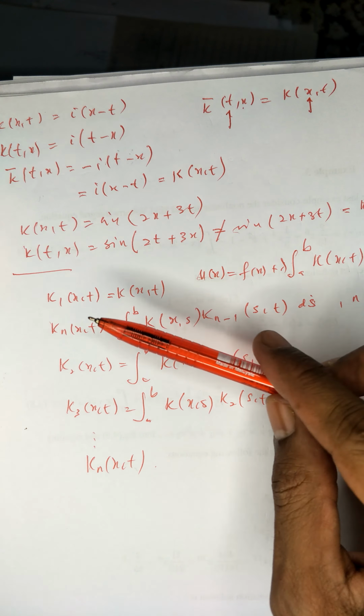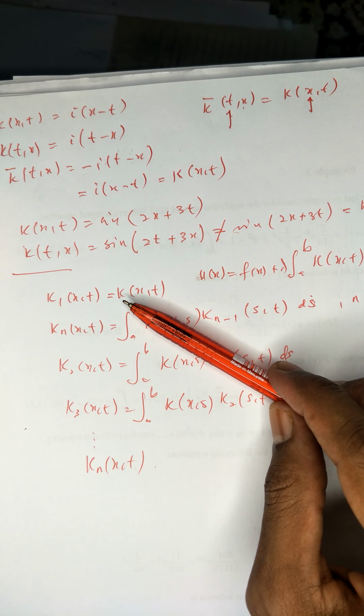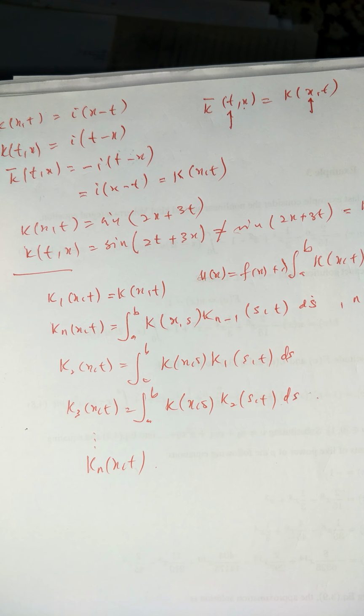If K can be written like this, we call it an iterative kernel.